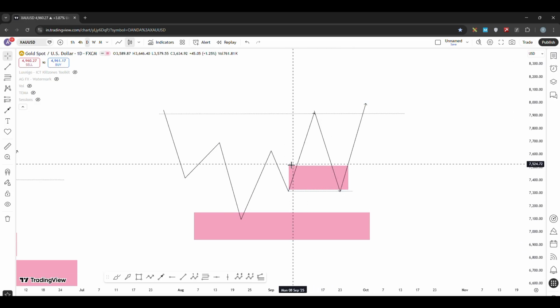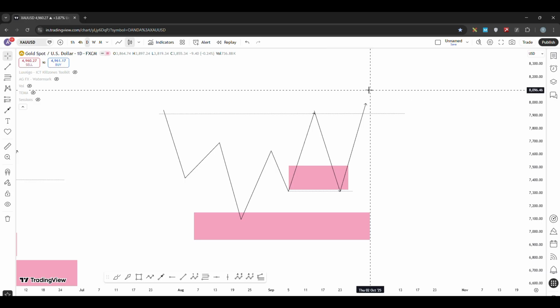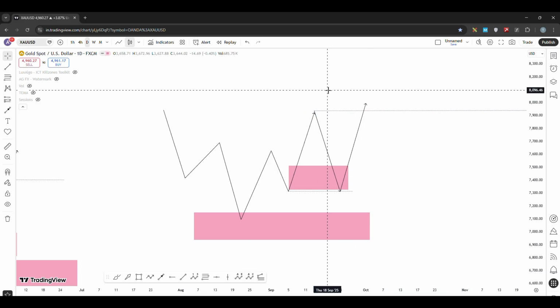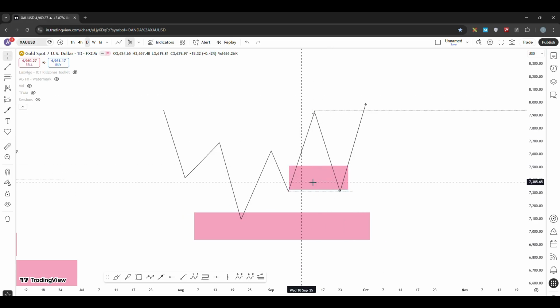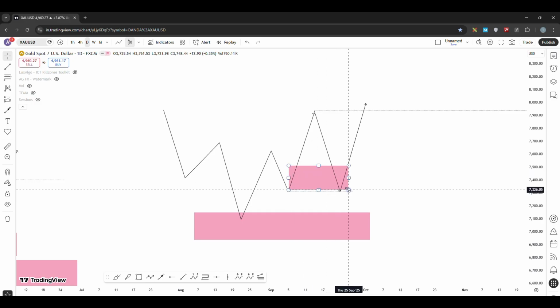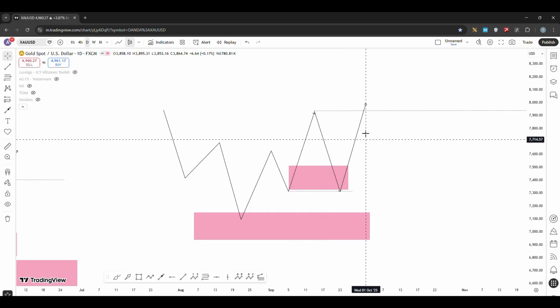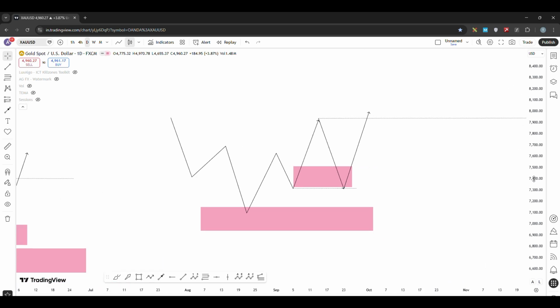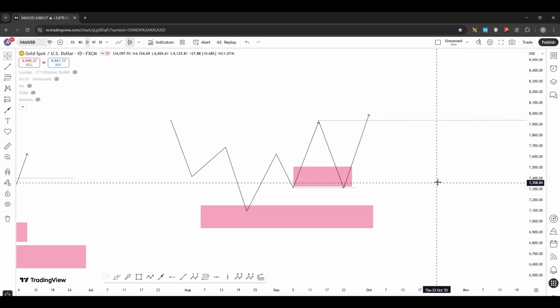Your focus will be on the POI for looking for an entry towards our new liquidity, which will now be at this high. But if you do not get confirmation from the POI, what will be your next level to watch for? It is going to be this liquidity. Now this is a move between a liquidity to a liquidity, and this also happens in the market, right?